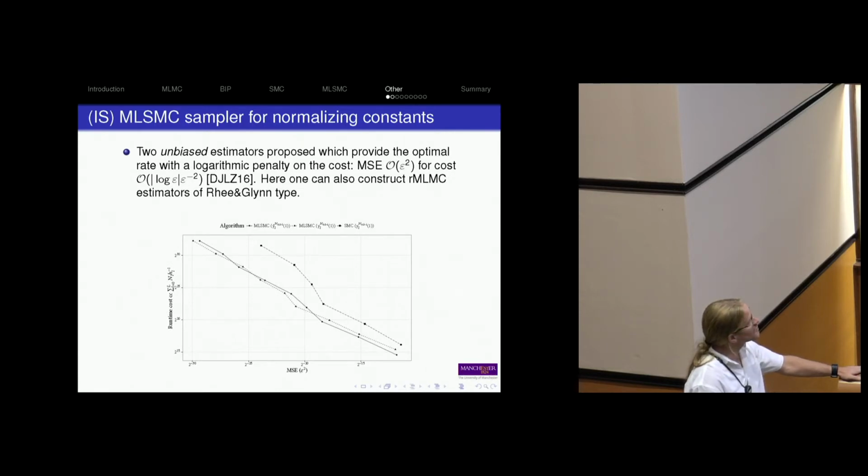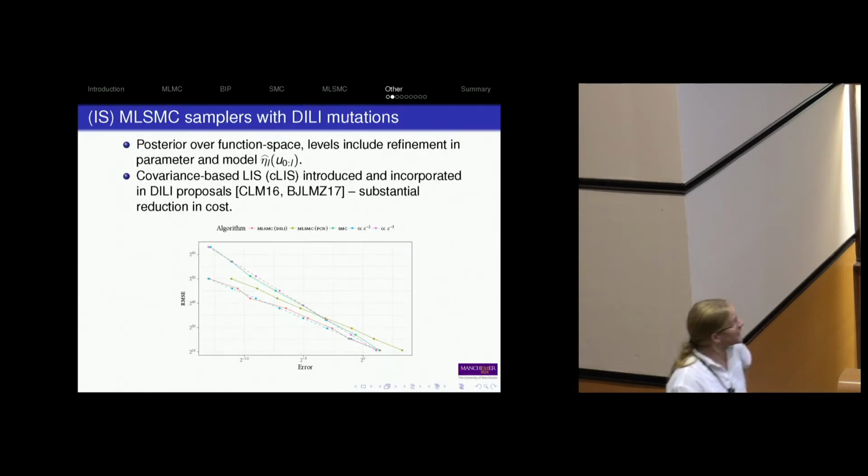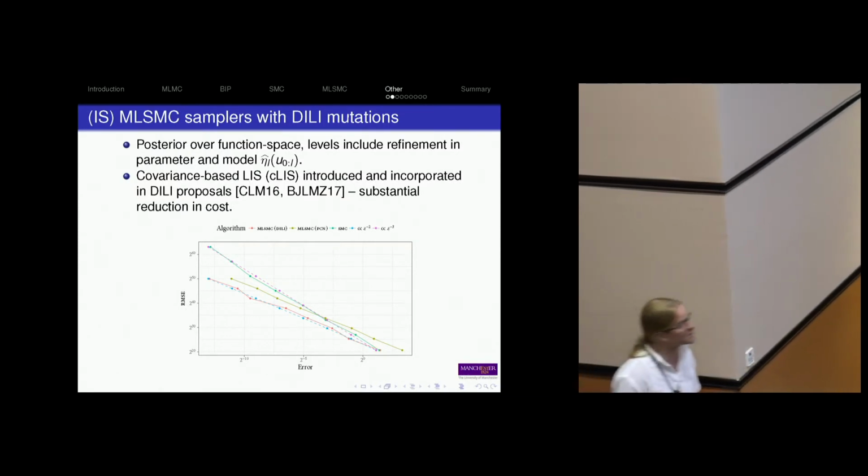This is just a plot just like the one that I showed on the previous slide, except actually we even have a better constant here for some reason, where this is the normalizing constant estimator, not using the multi-level tricks, and then these are each of the two estimators that we developed using multi-level. So that was again importance sampling. We use quite an analogous strategy there.